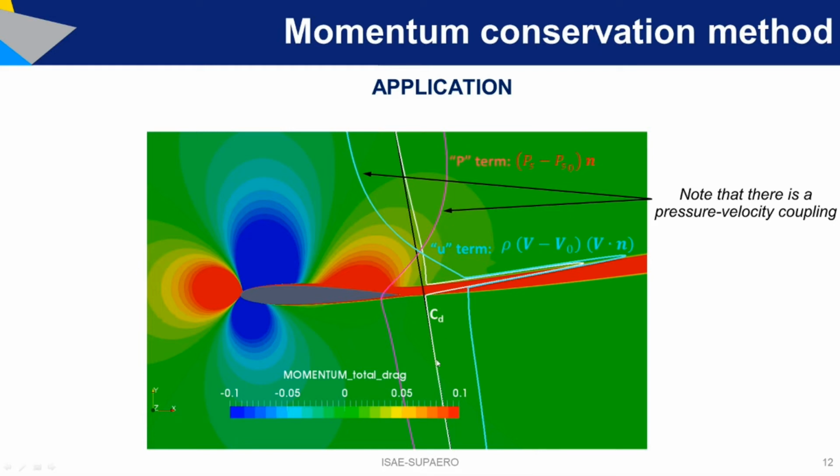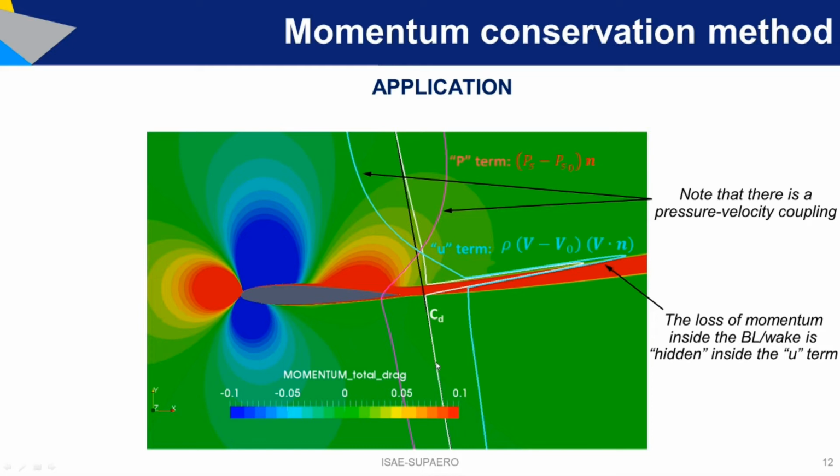And as you can see, for example, here, you have a positive velocity term and also you have a negative pressure term, so it's difficult to say here what's the meaning of each one of the terms, knowing that the local drag at that point is 0. So this starts being difficult when analyzing each one of the components of the term.